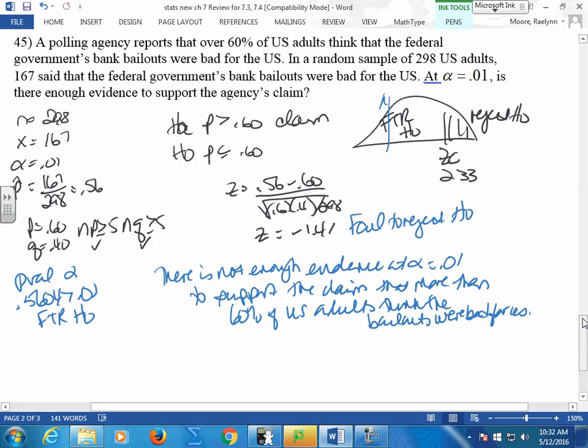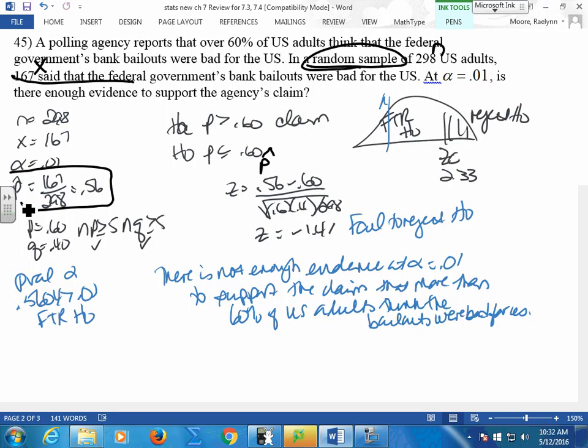They gave you an x value. This is your sample. And they gave you an n value. If you're using your formula for p-hat, you have to find your p-hat. If you're using your calculator, life is good. There's your x, there's your n. So claim happens to be the HA, tail happens to be the HA.